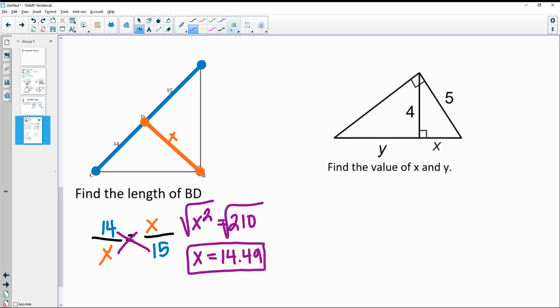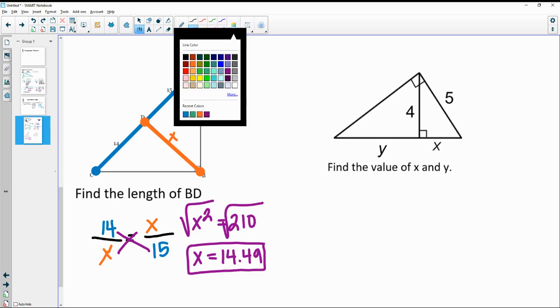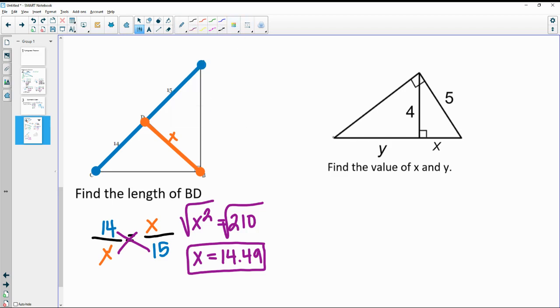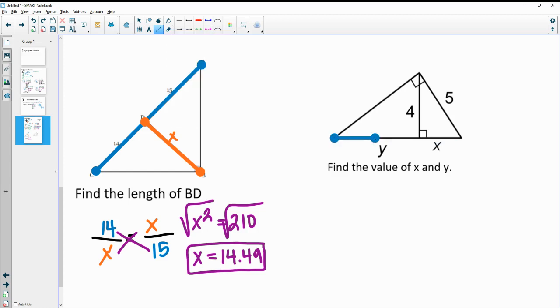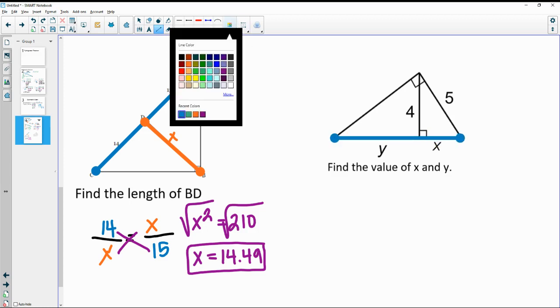All right, then this final one kind of combines a couple ideas here. So we've got the hypotenuse. We've got the hypotenuse here. And we've got an altitude.